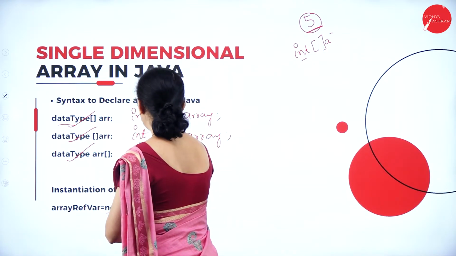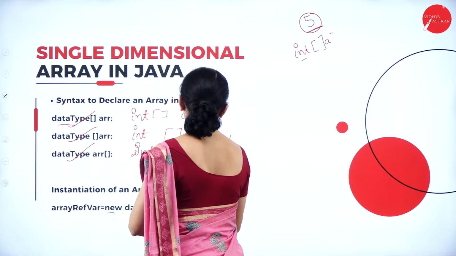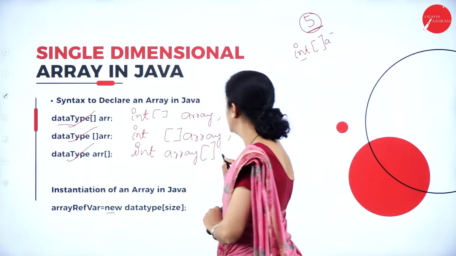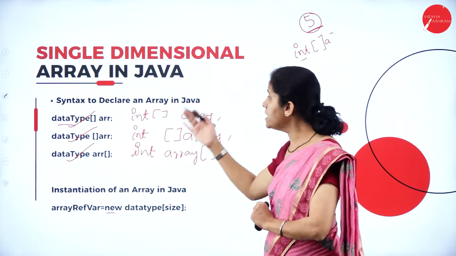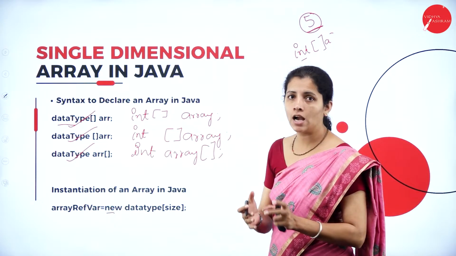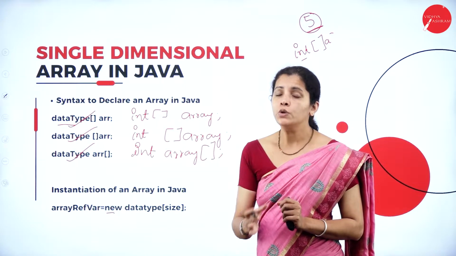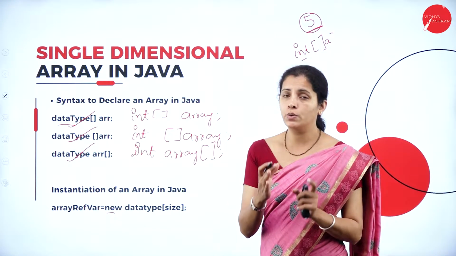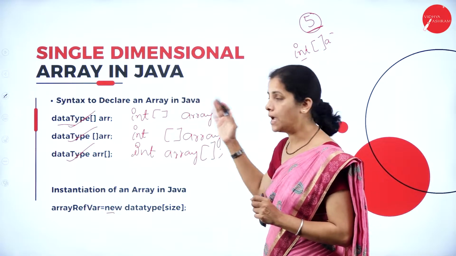And in the next time, int array. See here, 3 ways. That means in 3 ways I am able to declare an array in Java, and it is left to the user. Whichever you feel convenient, you can use any one of these 3 types.